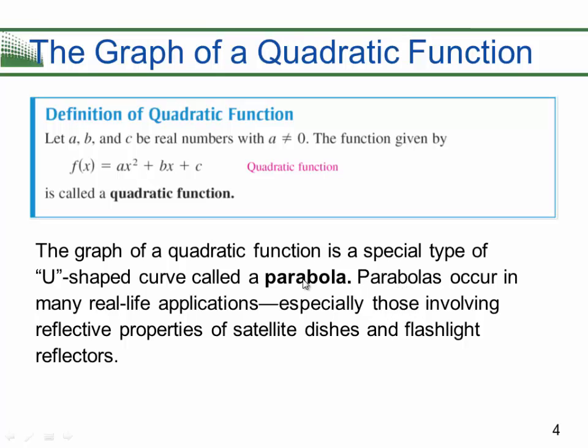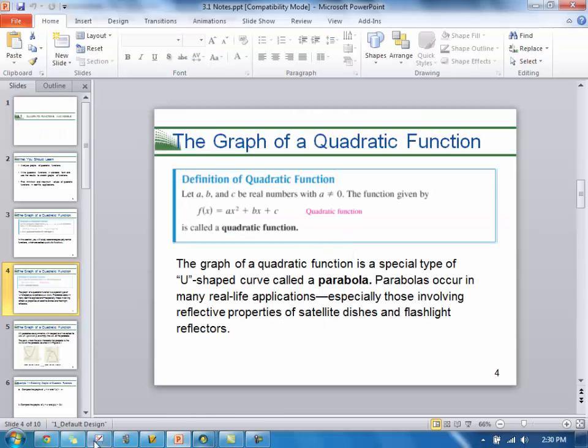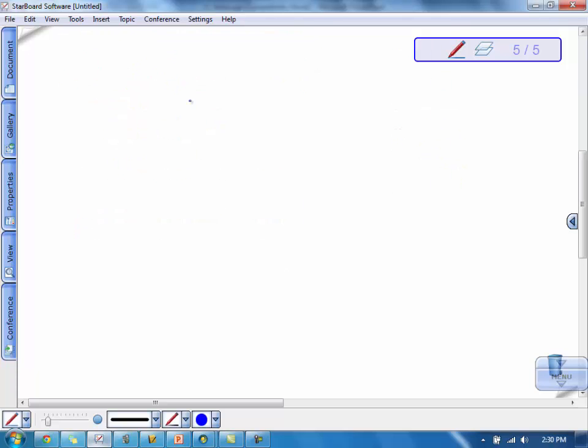Parabolas have a ton of application. Okay? You might never use parabolas again in your life, but they do have a ton of application in, for example, cell phone towers, or collecting any sort of electromagnetic radiation, for that matter, in general. Parabolas have that feature where they have a focal point.